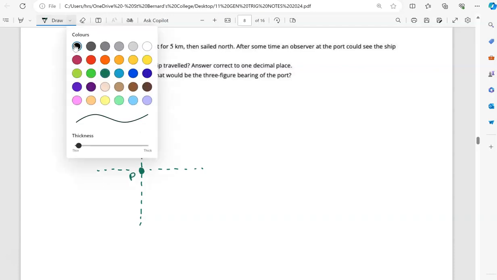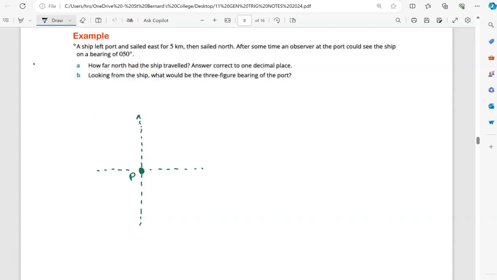It said it sailed east for 5 kilometers, so east is along this line. I'll draw a solid line, and I know that is 5 kilometers. Once you've done a direction, you stop. So you stop and you go, here's the ship, and we've done that instruction.